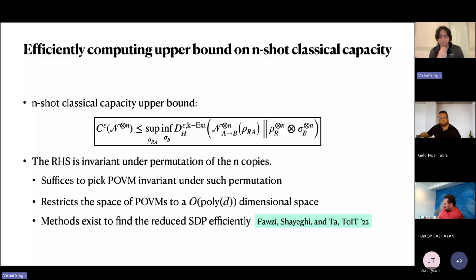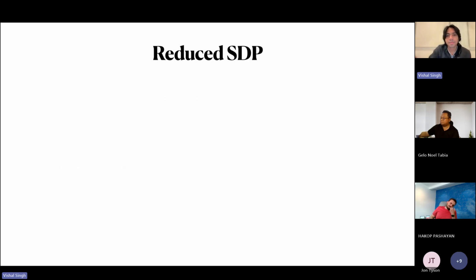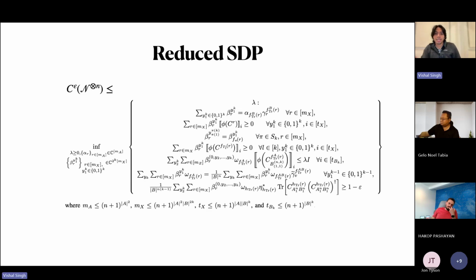And this was discussed in terms of this hypothesis testing relative entropy in this paper by Fawzi et al. We basically use their methodology to see if we can reduce our SDP into something that is polynomial in n. And indeed, it can be reduced, but it becomes much, much worse.